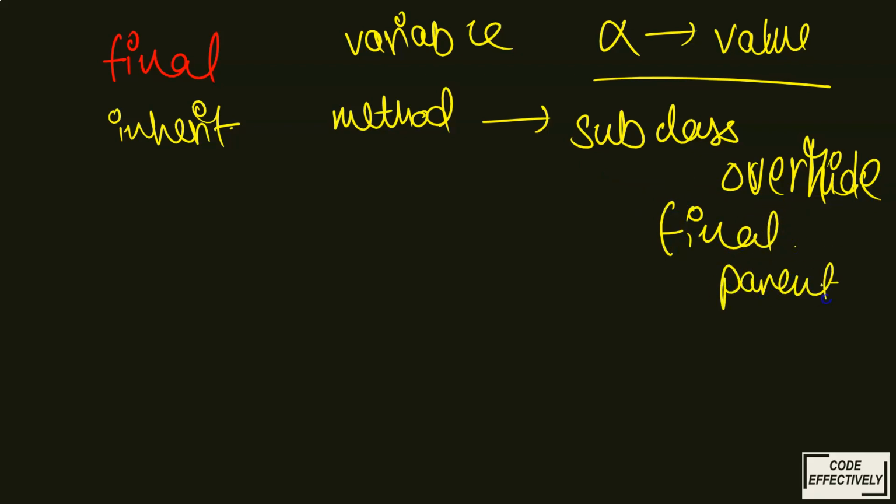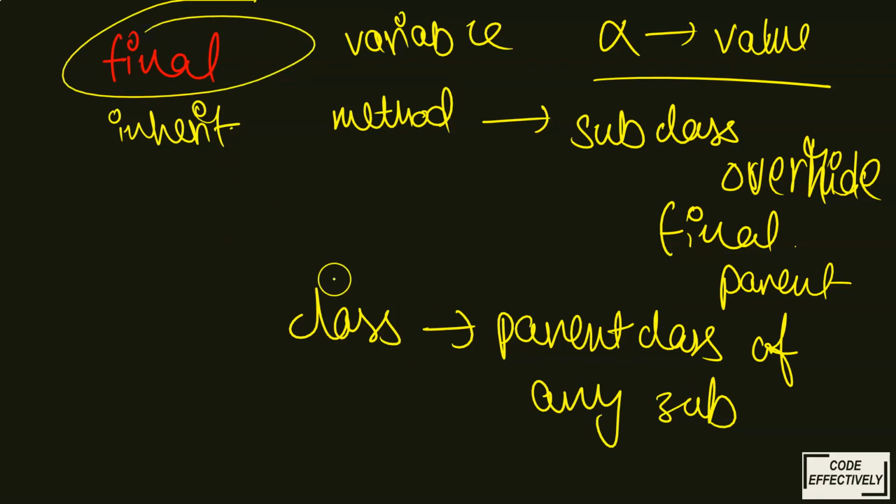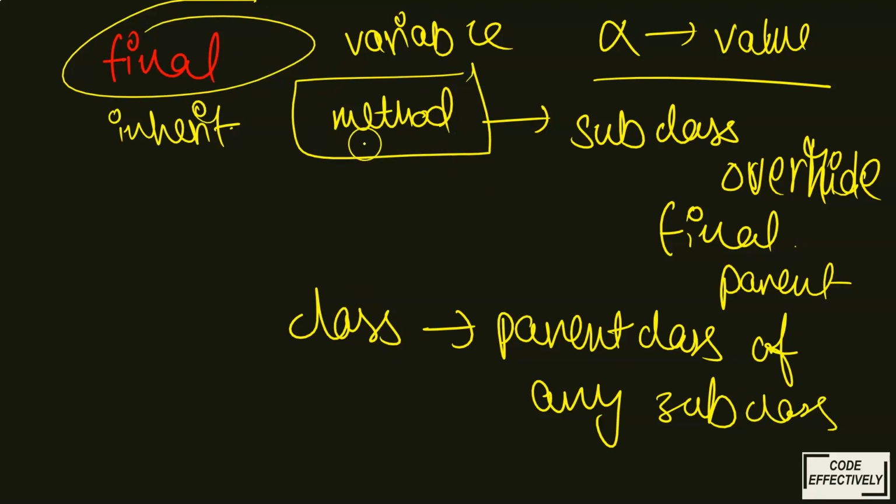Whenever you use a final class, it cannot be the parent class of any subclass. It means that whenever you declare any class final, inheritance won't work. Whenever you declare any method final, you cannot override that method in the subclass. And whenever you declare a variable final, you cannot change its value.